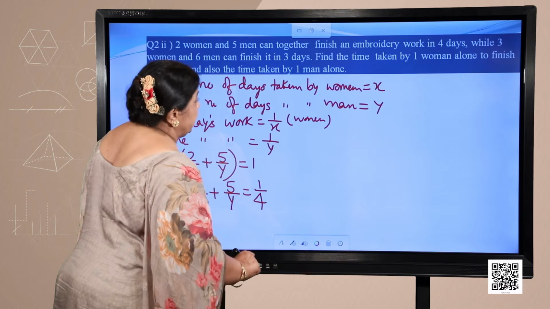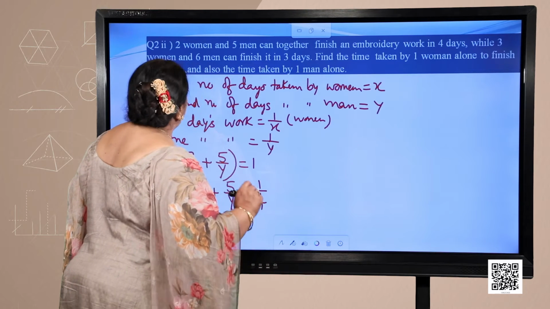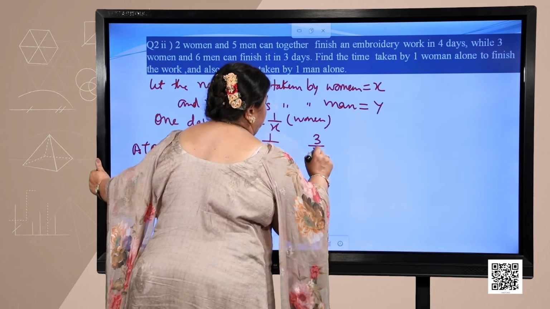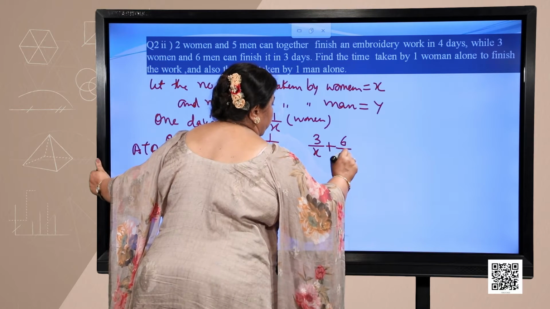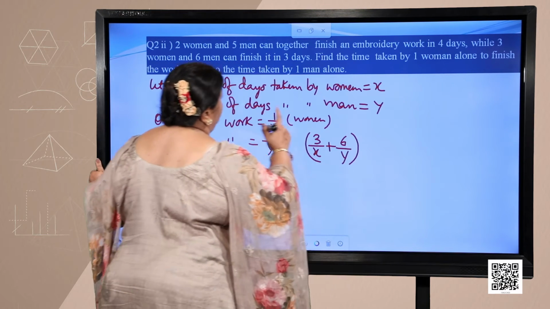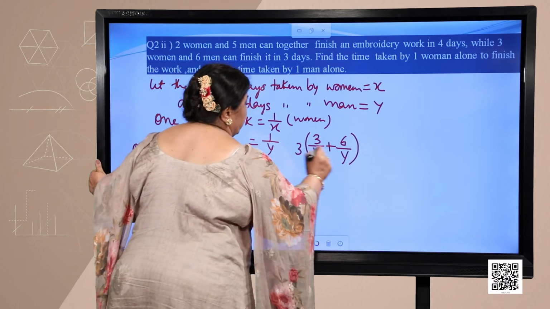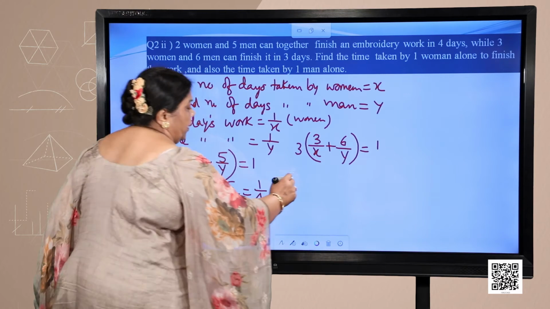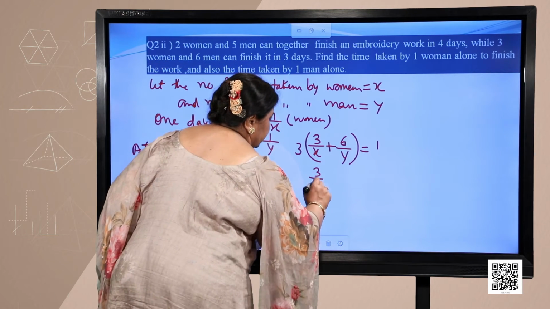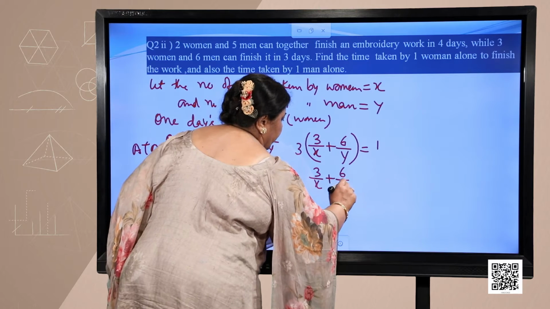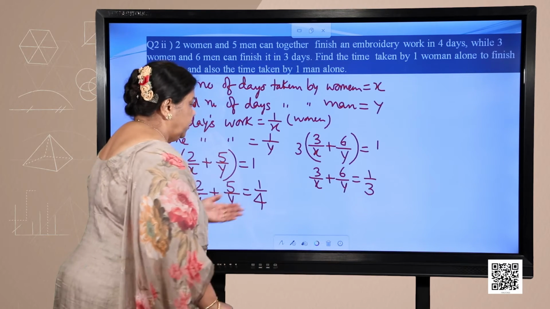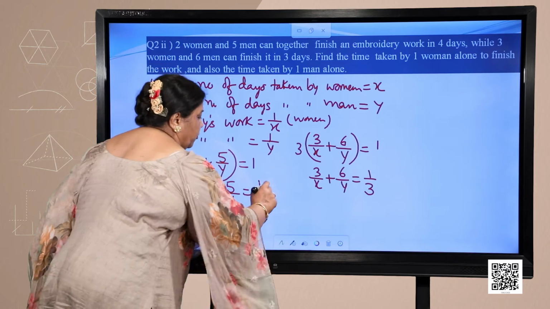What about the next condition? Next is 3 women and 6 men, when they work for how many days? 3 days, they can finish the embroidery work. So, we have here 3 upon x plus 6 upon y is equal to 1 upon 3. These are the two equations we have got.